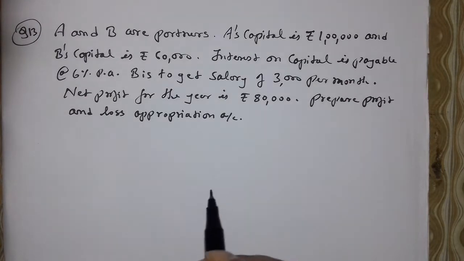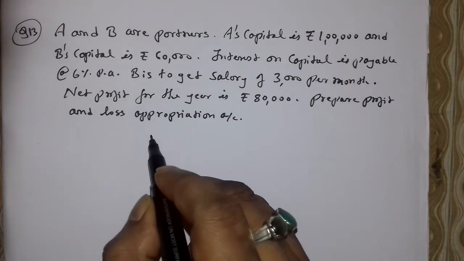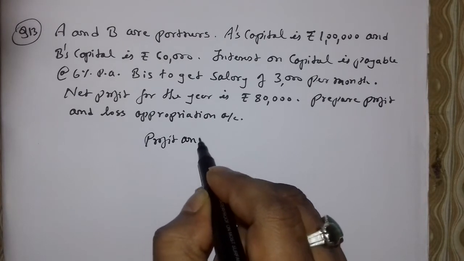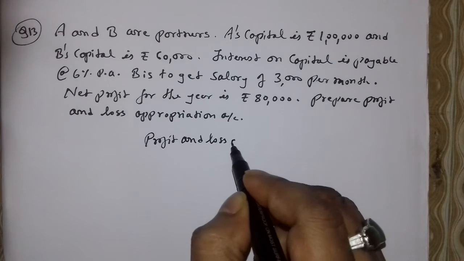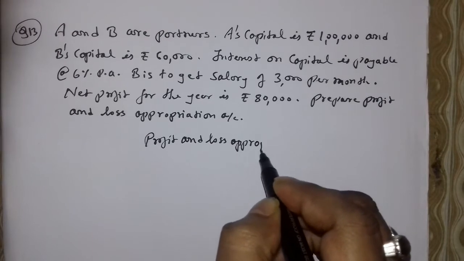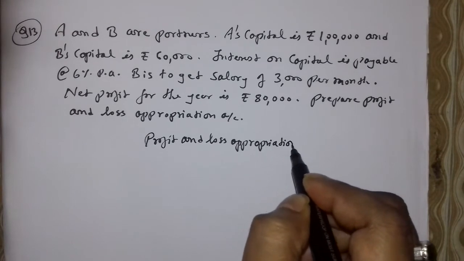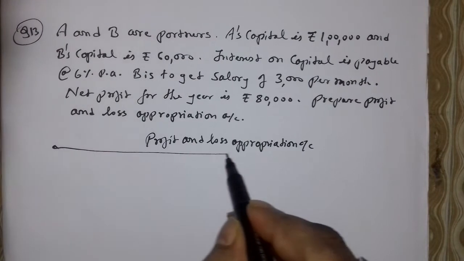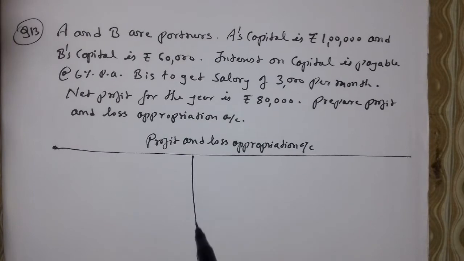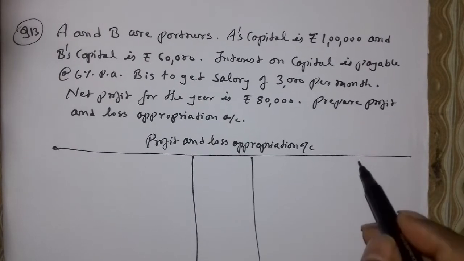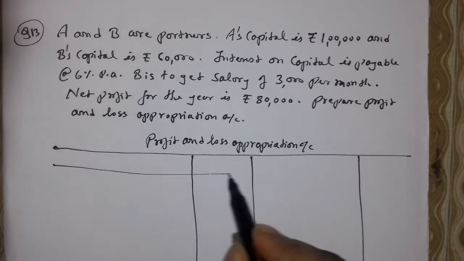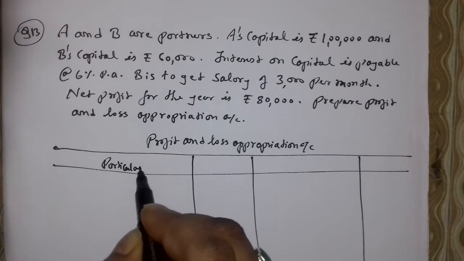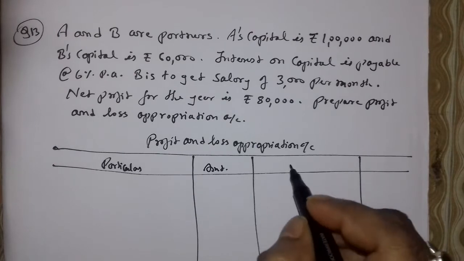So how to make this profit and loss appropriation account? So this is the format. Particulars, amount.